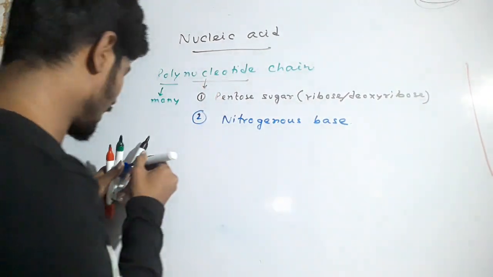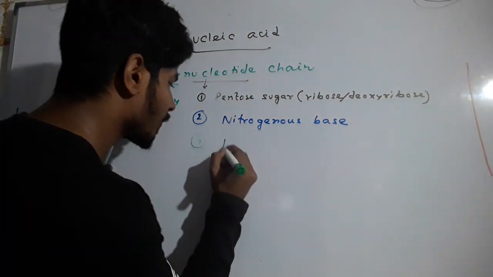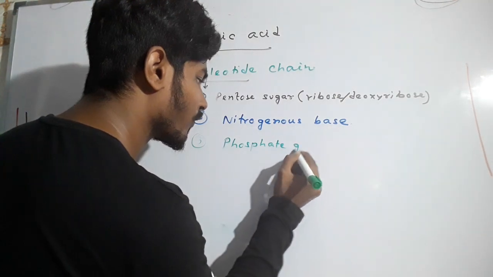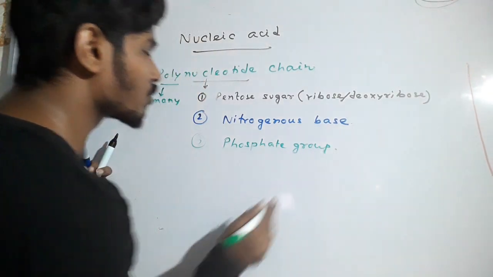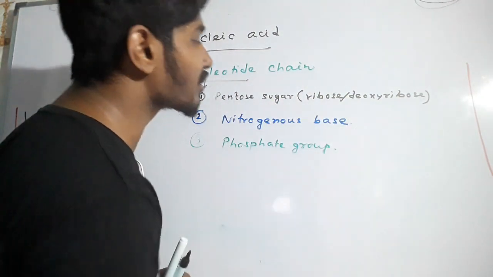And number three is the phosphate group. So let us discuss the pentose sugar, that is the ribose or deoxyribose, first.